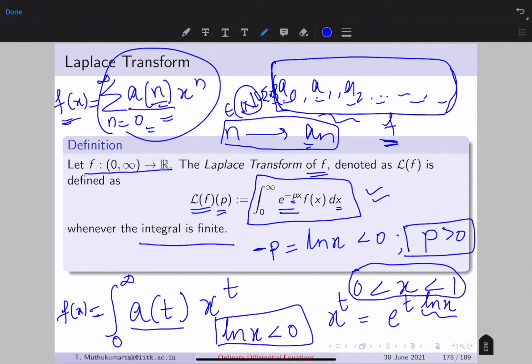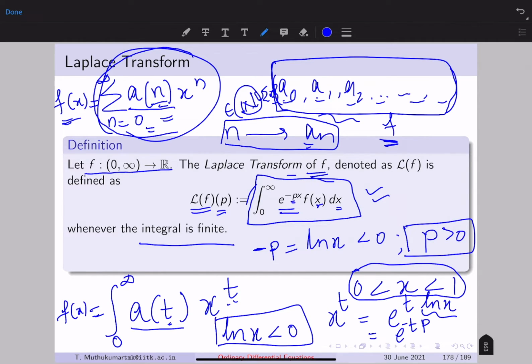Okay, so in this case what we have done is this is the same as e power t minus p, which is minus tp, which is what we have done here. So here whatever was the x variable is now the t variable. Don't worry about that. The point is, this integral here can be thought of as the continuous version of the power series.